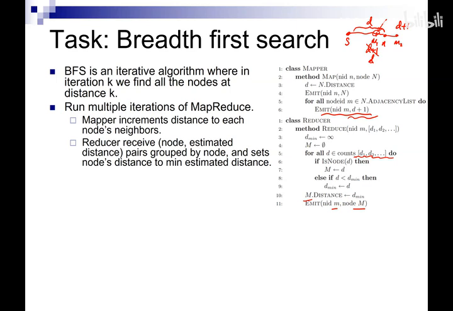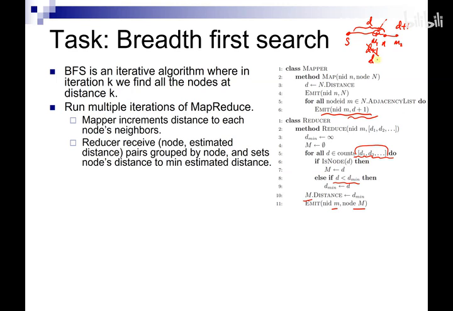The distance that we're going to end up using for this M node is the minimum claimed distance for M. Here we have a bunch of claimed distances for M. We're going to go through all of these, take the minimum such claimed distance, and use that as the distance for M. And so this is the correct thing to do.